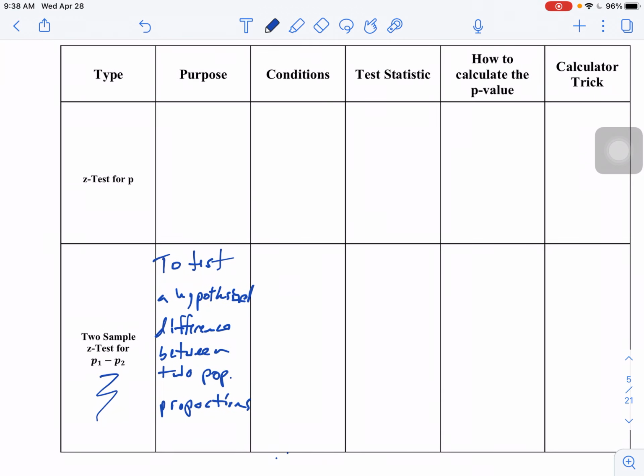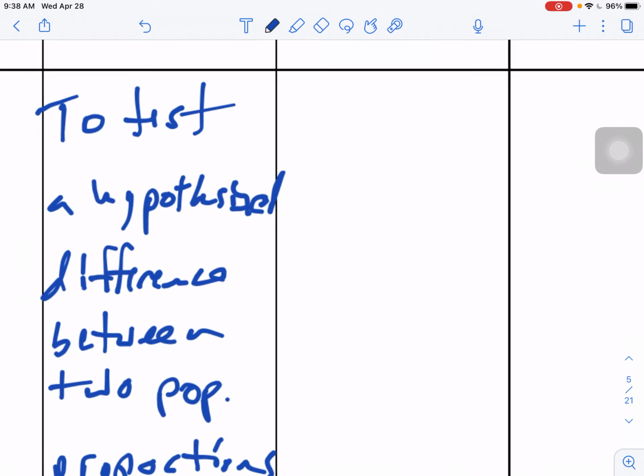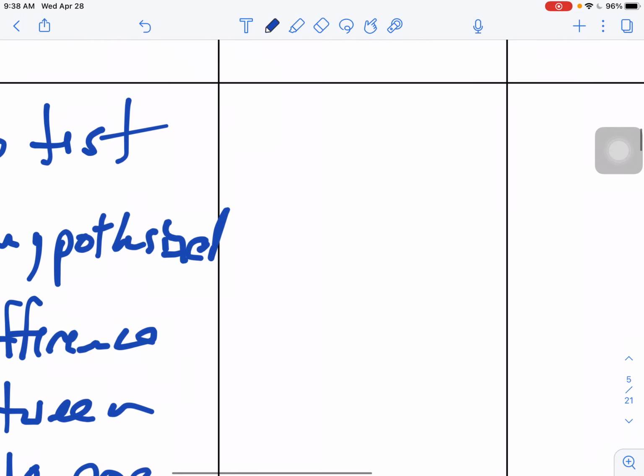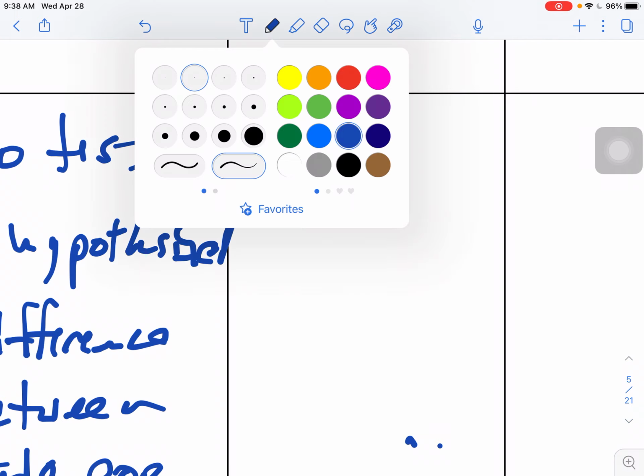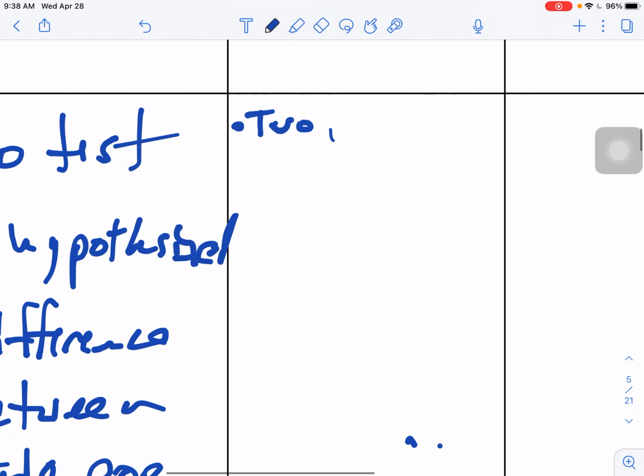Okay, so the next column there is conditions. For this, we have some conditions that need to be met. So we need 2 independent random samples.